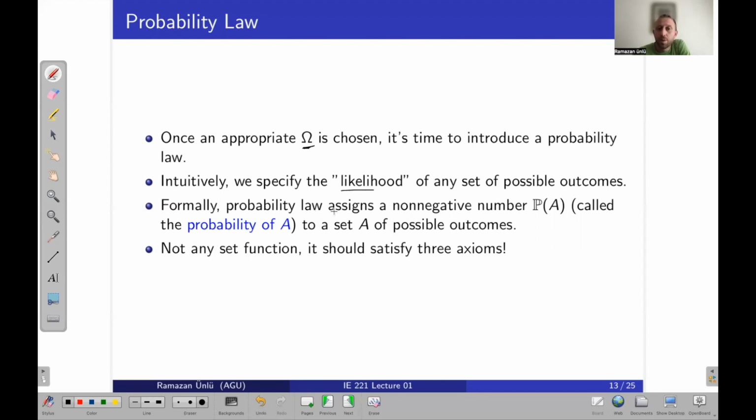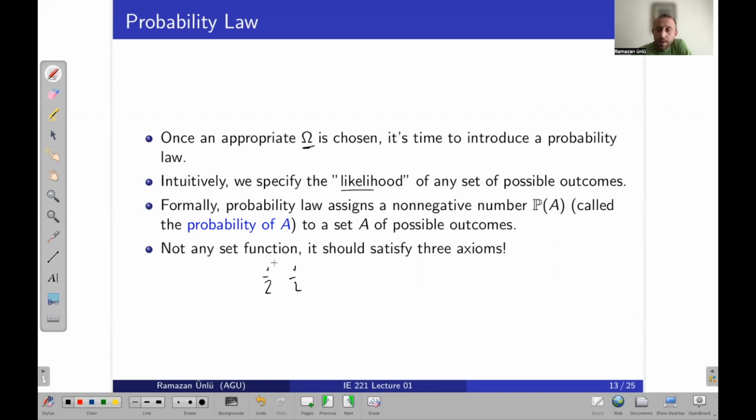Formally, the probability law assigns non-negative numbers, as we did in the coin tossing examples. The P of A will be between 0 and 1. Okay, this is the unchangeable rule. And we call this the probability of A.